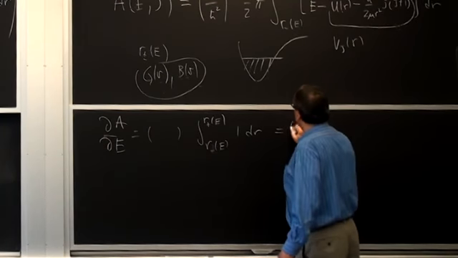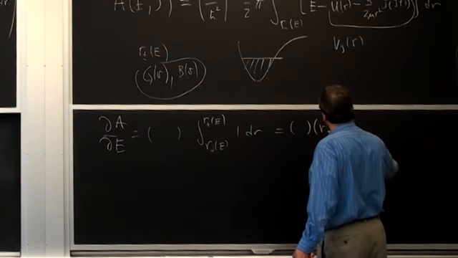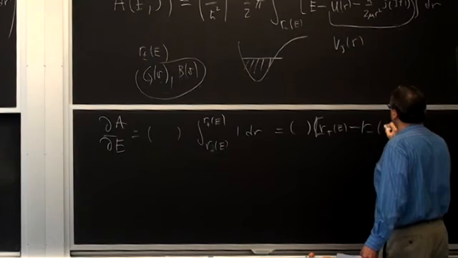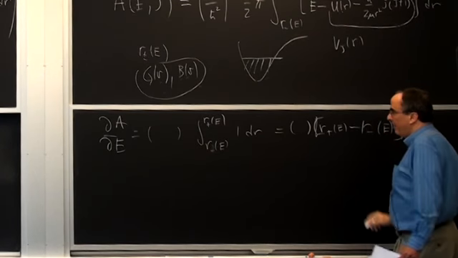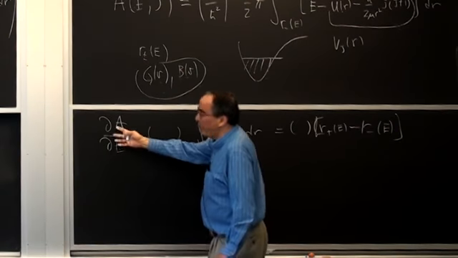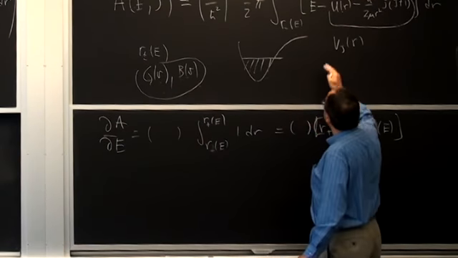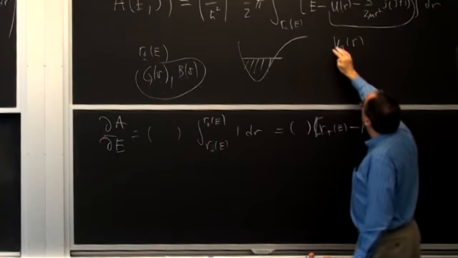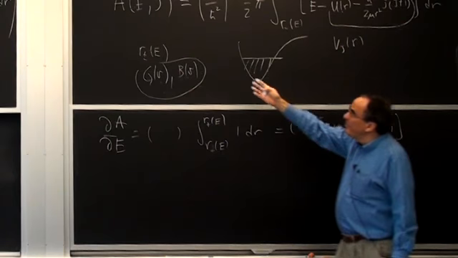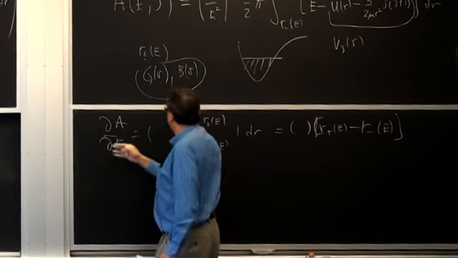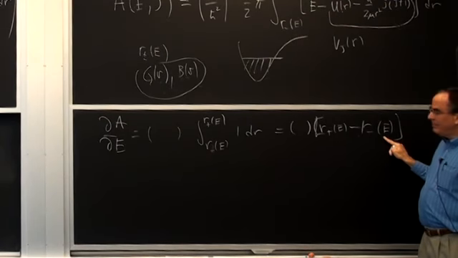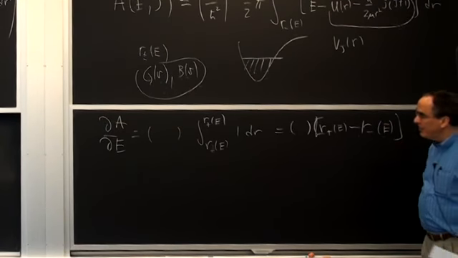And so that gives us this constant times r plus of E minus r minus of E. So for the first equation, the derivative of this area just gives us the difference in turning points, which is a nice thing.